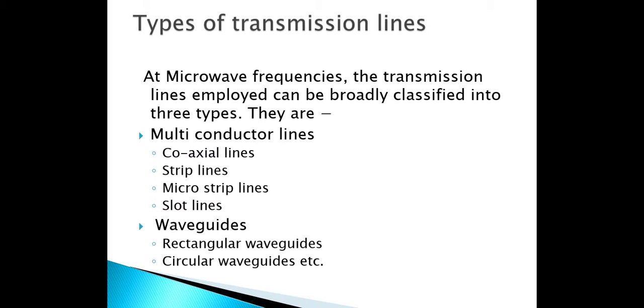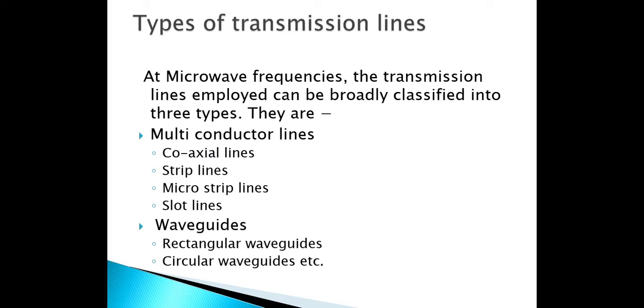So the transmission line is a conductor which is designed to carry the signal over large distance with minimum losses and distortion.